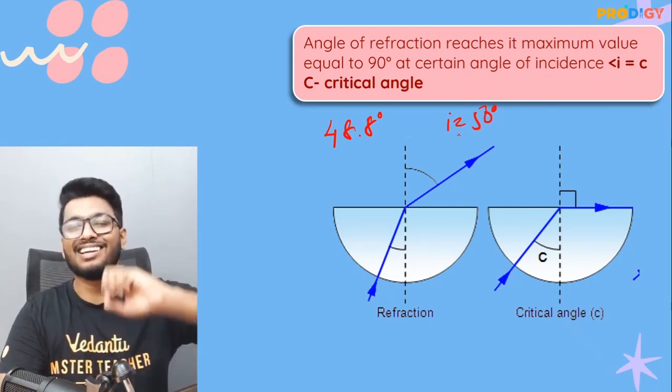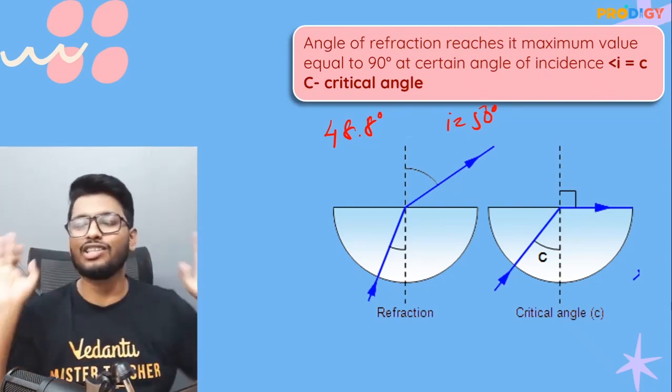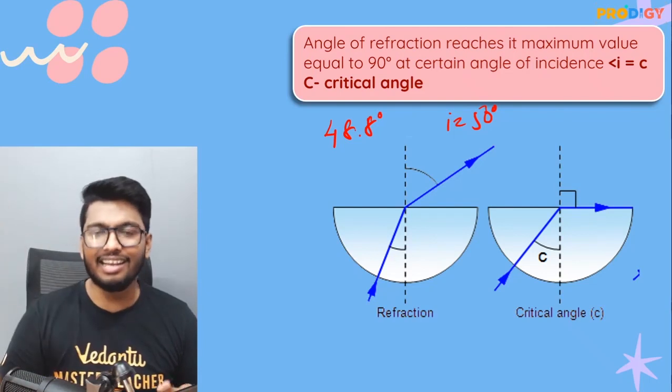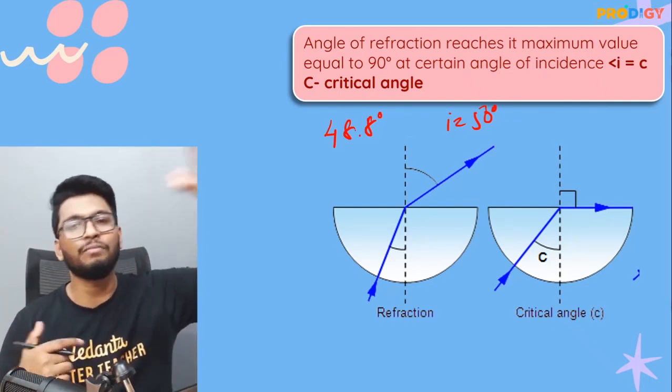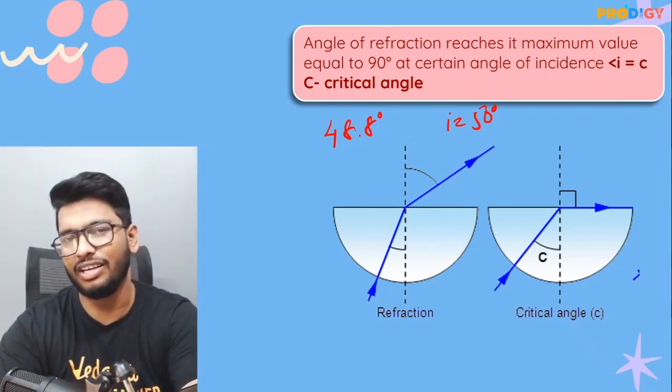Otherwise, I cannot. Getting it? If it is less than that, even if it's exactly 48.8, I will not be able to see total internal reflection. That will be the critical angle. It has to be greater than 48.8, so it has to be 48.9 or 50 degrees. In that case, you'd be able to see total internal reflection.